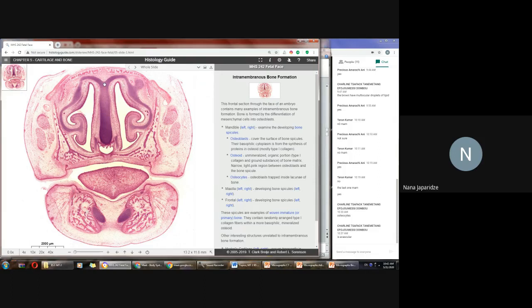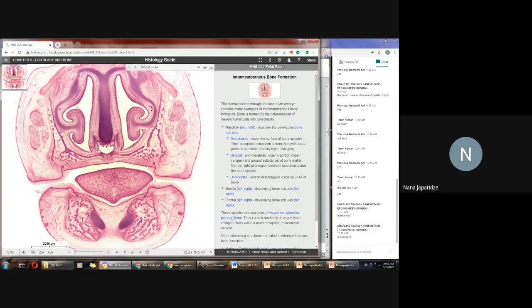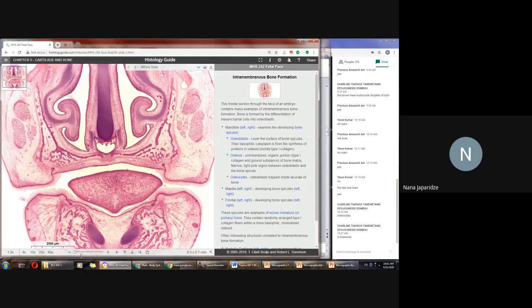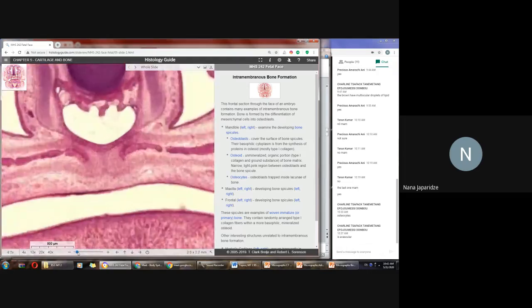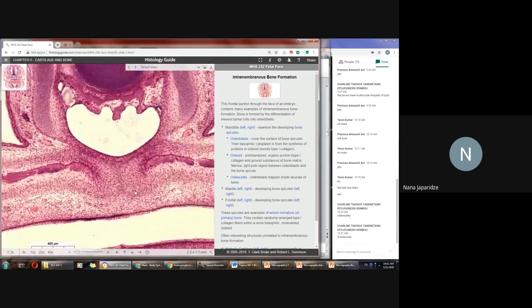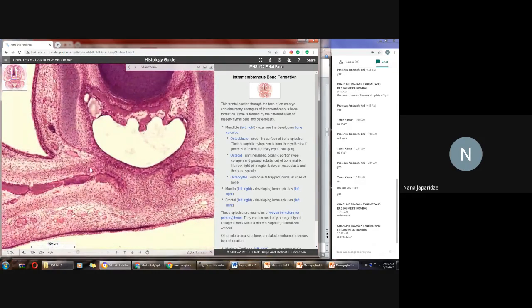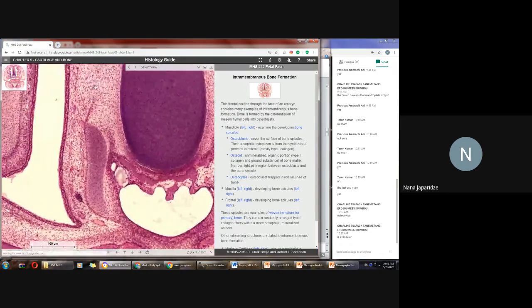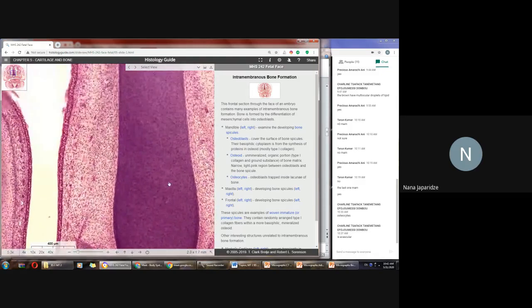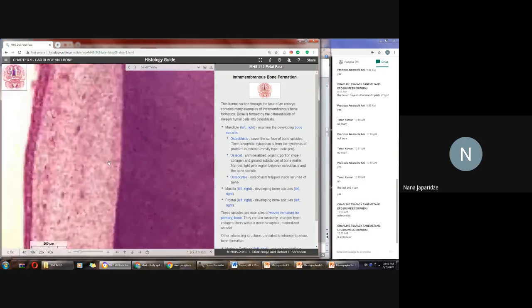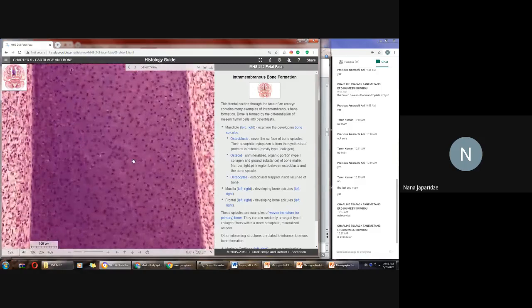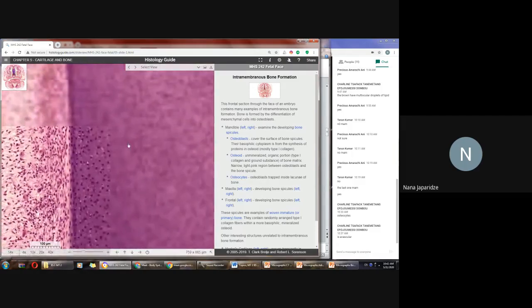So here in the middle, we magnify it and we will see mesenchymal tissue, a lot of mesenchymal tissue. Look, cartilage.